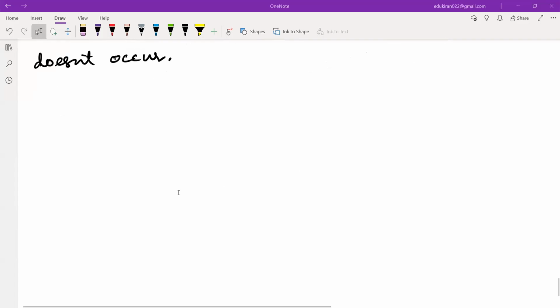So see, you must do a few questions from NCERT: 12.18, 12.19, 12.20. These are a must, because they are small, and that is why I'm saying don't leave these questions.